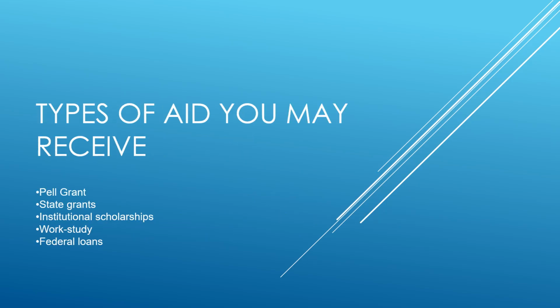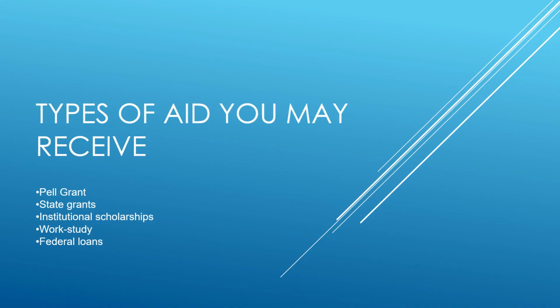With the federal student aid FAFSA that you use, you get the option of Pell. You can also apply for work study, so you can work on campus if it's available. And then you can get in-state grants, institutional scholarships, and, like I said, federal loans. Not much to add there.